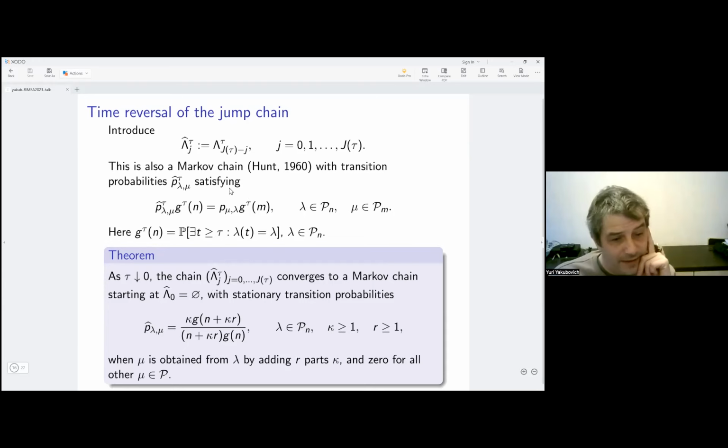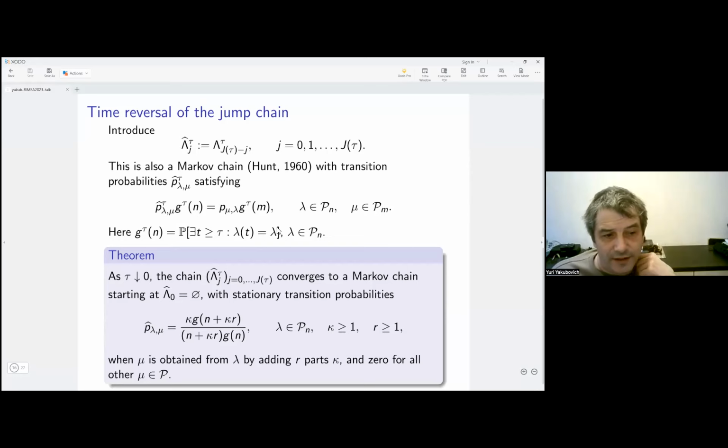And a well-known result is that if we have some Markov chain, then its time reversal will also be a Markov chain. And it will have transition probabilities which satisfy this relation. So in general, they will depend on tau.